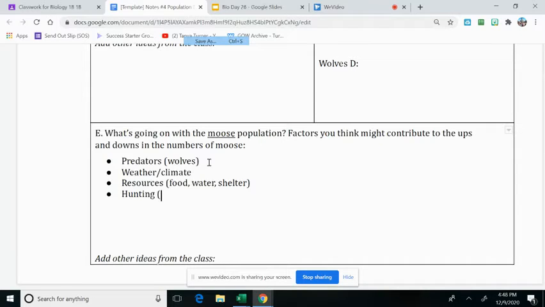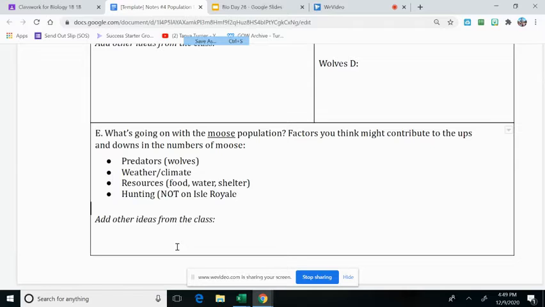I'm going to put in parentheses, not on Isle Royale, because remember, the island is a national park and it is protected by the United States as protected land where humans cannot destroy or take away from the island. So the island is protected and there's no hunting on the island.